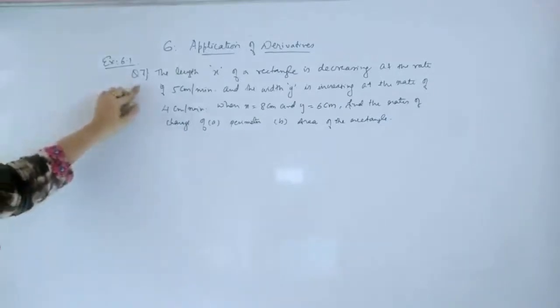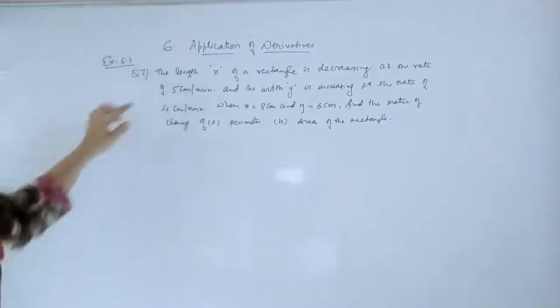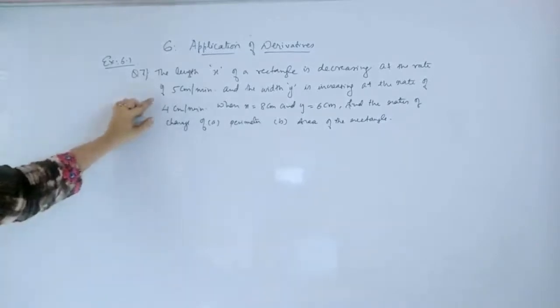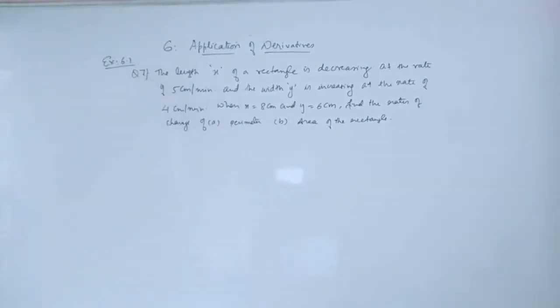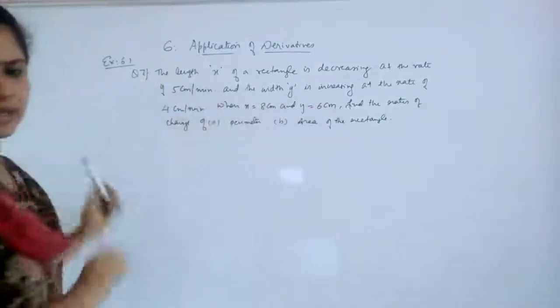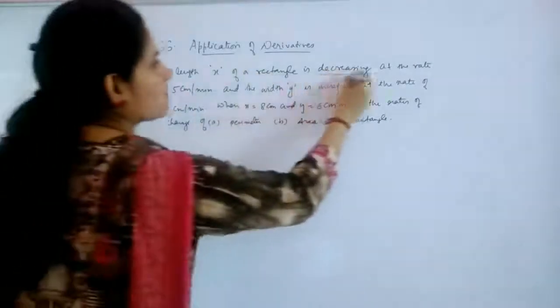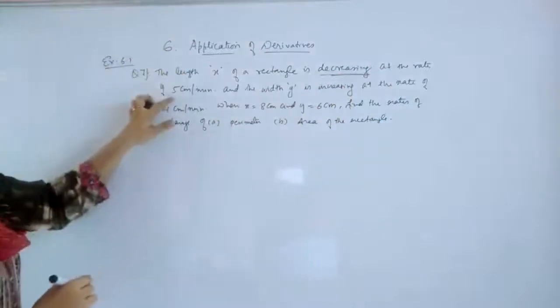So 7th question is, the length x of a rectangle is decreasing at the rate of 5 centimeter per minute and the width y is increasing at the rate of 4 centimeter per minute. When x is 8 and y is 6, find the rates of change of perimeter and area of the rectangle. The thing which you have to understand is, when it is decreasing, you have to take it to be negative.